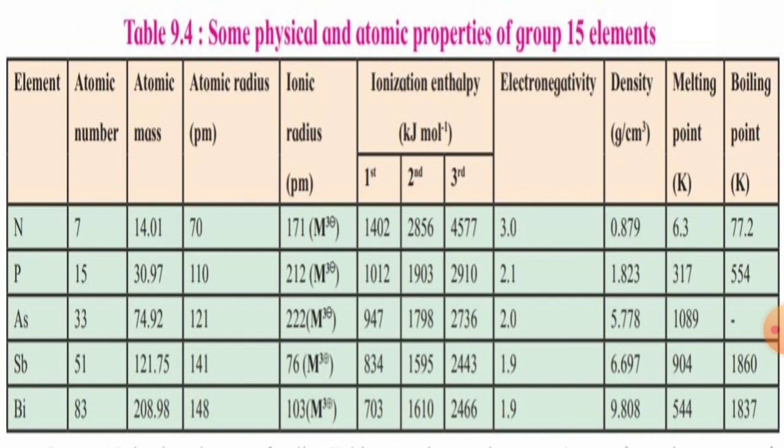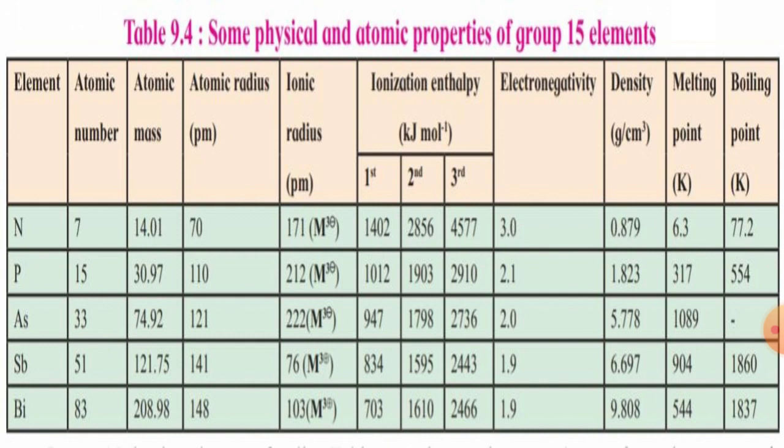The atomic number for nitrogen is 7, for phosphorus 15, for arsenic 33, for antimony 51, and for bismuth 83. As we know, as we move down the group, as the atomic number increases, its atomic mass also increases. You see the table for atomic mass. It increases down the group.